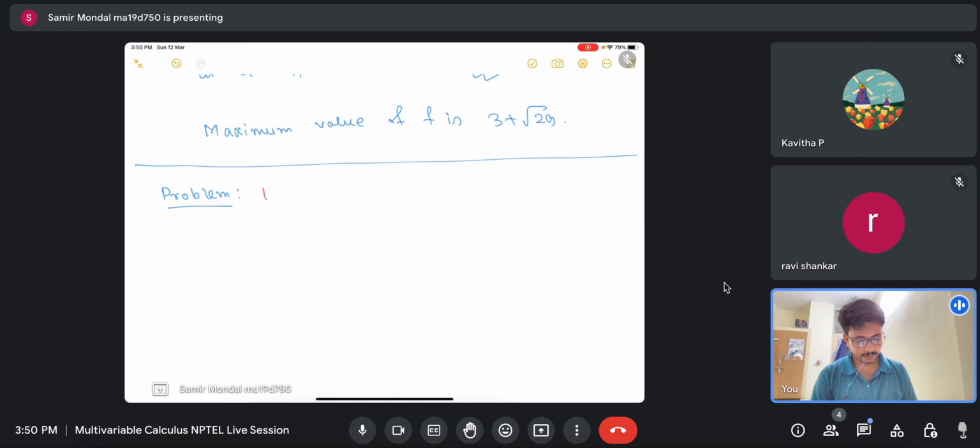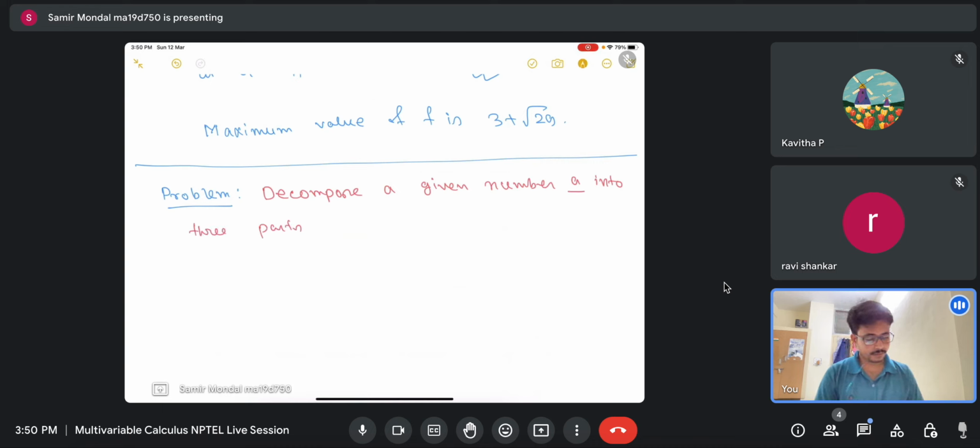The problem is, you have to decompose a given number. A is given, and you have to decompose this A into three parts.